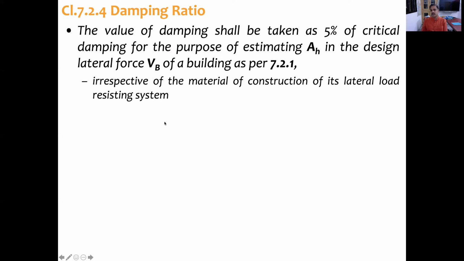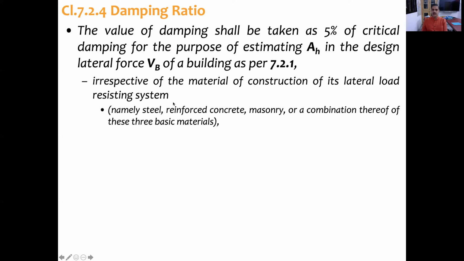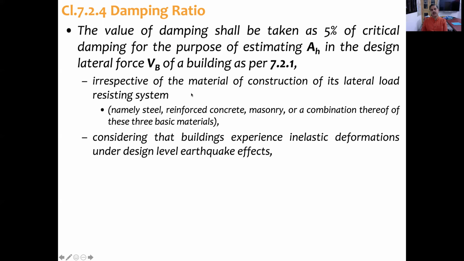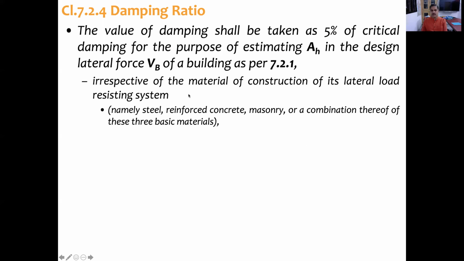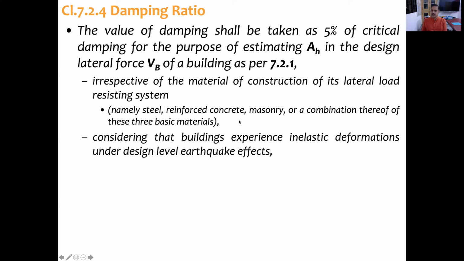What the code says is, irrespective of the material of construction of its lateral load resisting system, this material can be steel, reinforced concrete, masonry, or a combination of these materials. Irrespective of the material, we use this 5%. Earlier code gave different damping values for different materials, but the present version, that is 2016, gives 5% for all the materials.